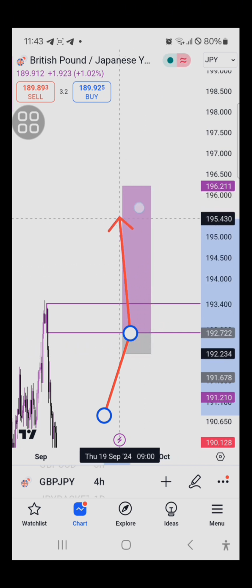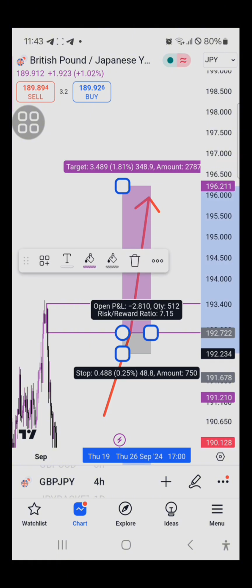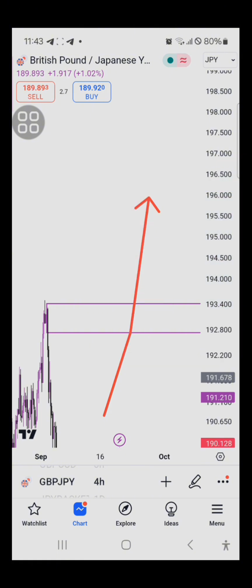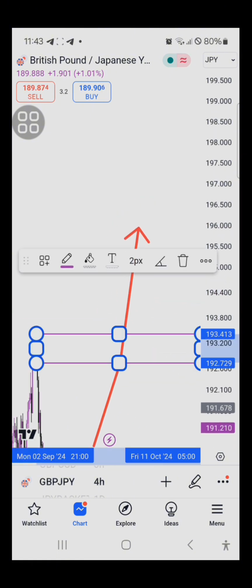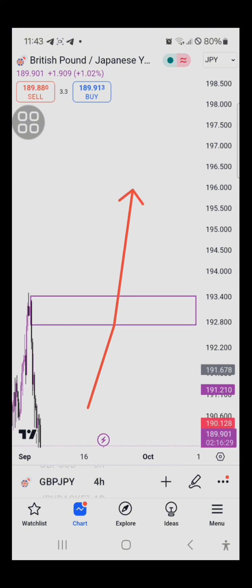That is basically what I'm going to be setting on my MetaTrader app, or any app that you use for execution. There are so many apps you can use for trade execution, but in this case I'm using MT4.